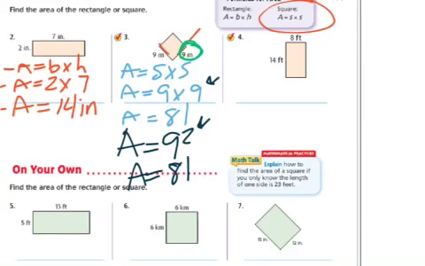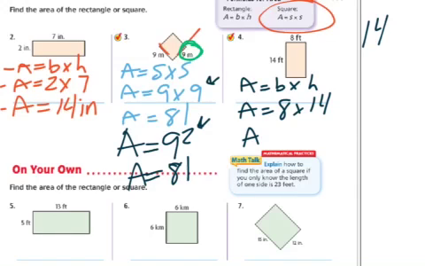Okay, next problem. Go ahead and write that one out using your formula. A equals base times height. A equals 8 times 14. And go ahead and solve that problem now. Off to the side, do your multiplication. Don't try and do that in your head.